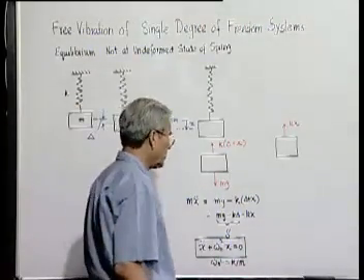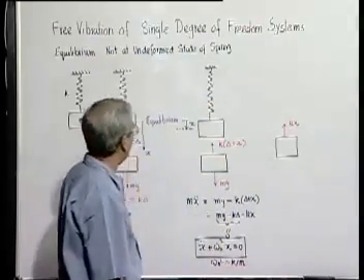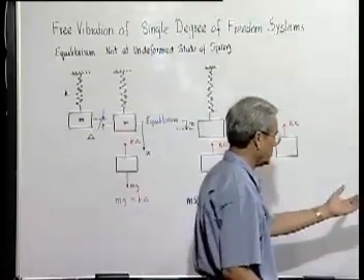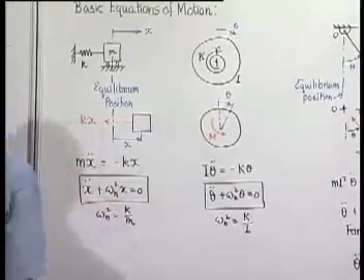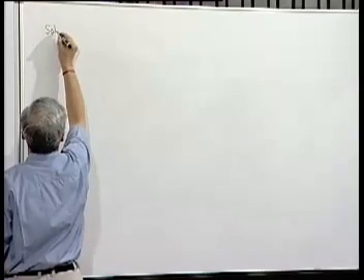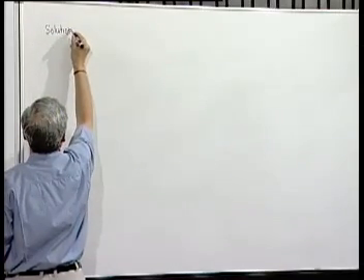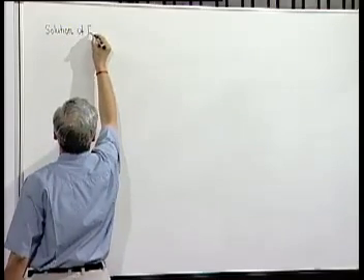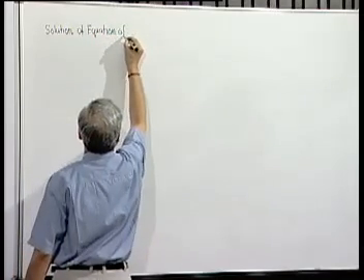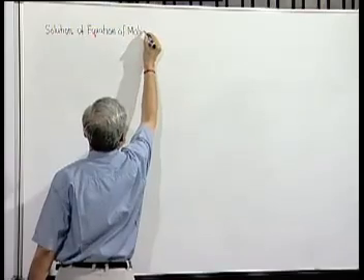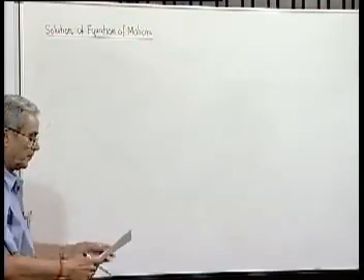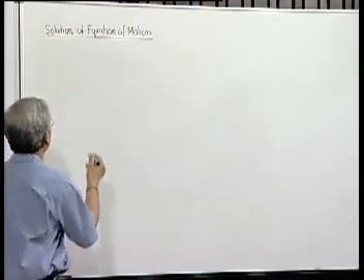Now let us come to the question of solving, because we find that for all the single degree of freedom systems, in some form or other, we get the same equation of motion. So we will now solve this equation. The equation is the same, so we have to find out the solution. The equation which we will solve is of this form.